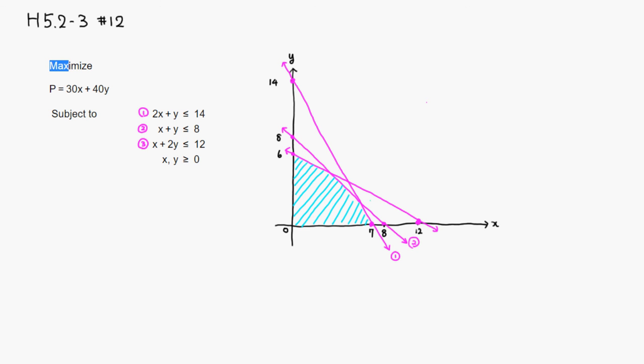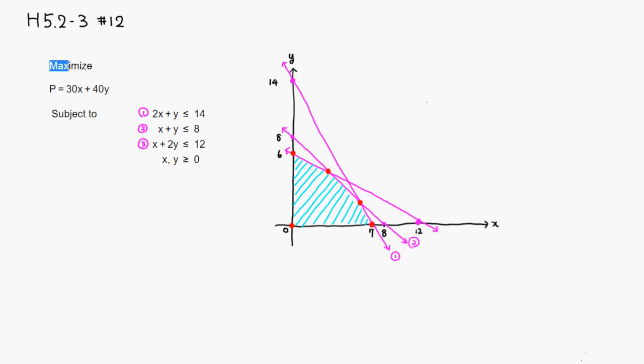We have a bunch of corner points. Let's start with the origin, which is a corner point, and this is another corner point. There's one here, another one here, and another one there.